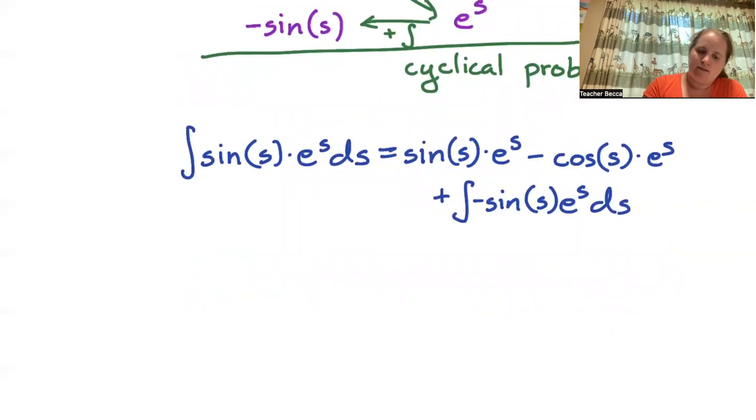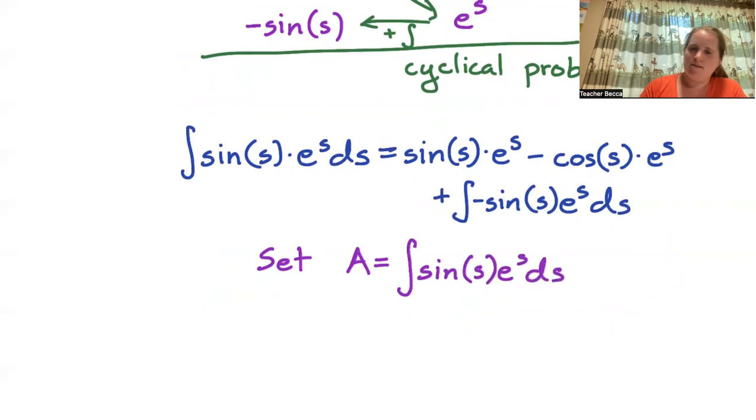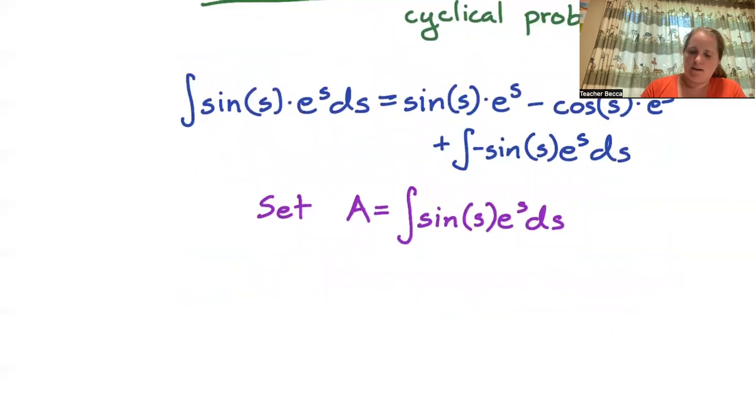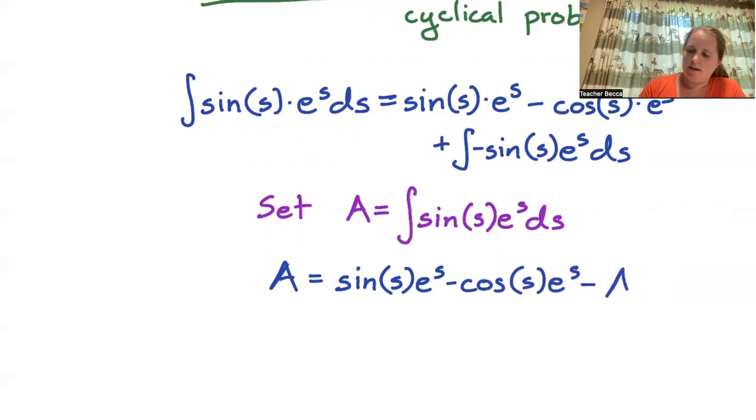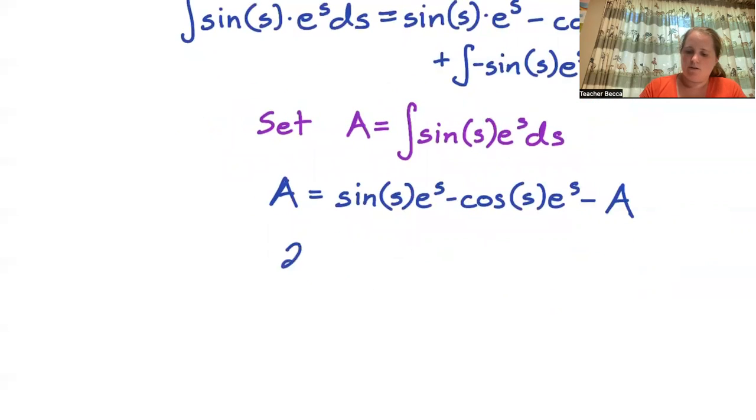If we set a equal to the integral of sine of s e to the s ds, then we are looking at a equals sine of s e to the s minus cosine of s e to the s minus a, or 2a equals sine of s e to the s minus cosine of s e to the s.